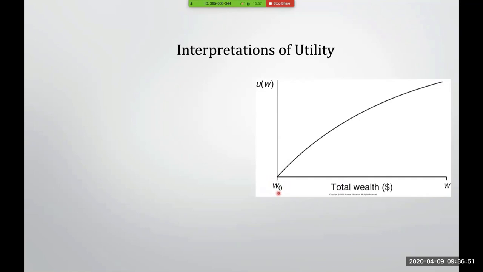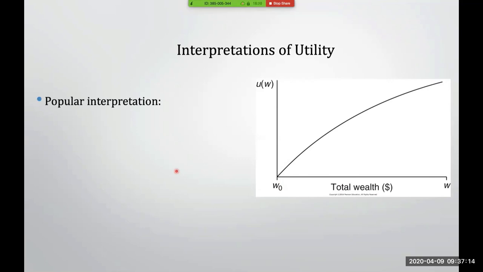After I go through the deal, my wealth may increase or decrease. If it increases, it may go up to what we call W. The difference between W and W0 is the range of prizes, or the range of uncertainty, that you are facing in this uncertain deal.